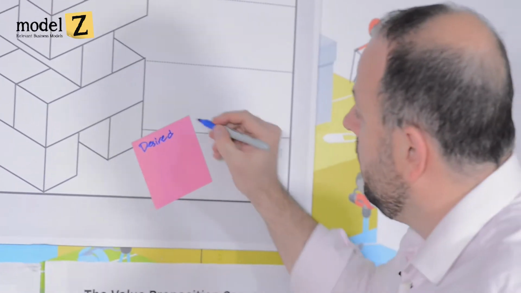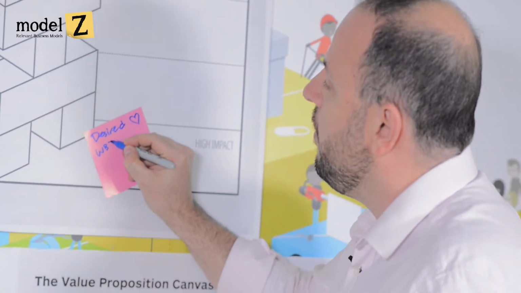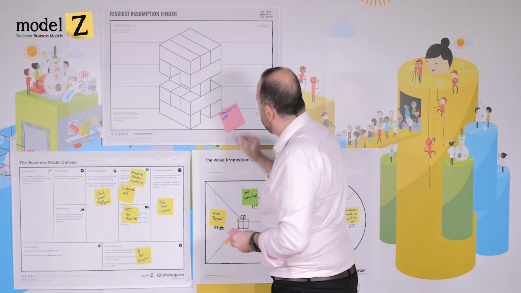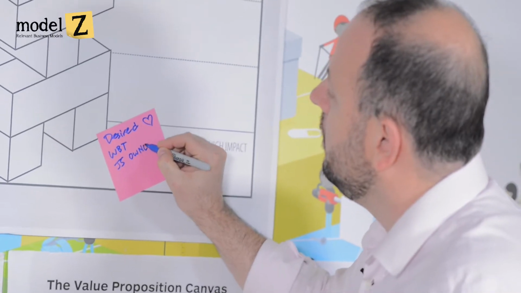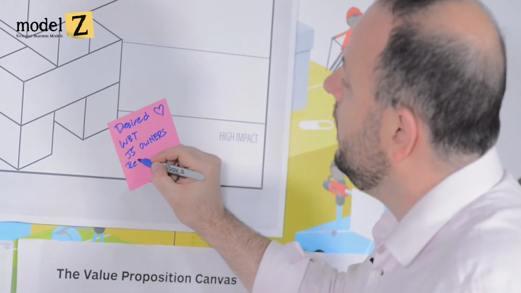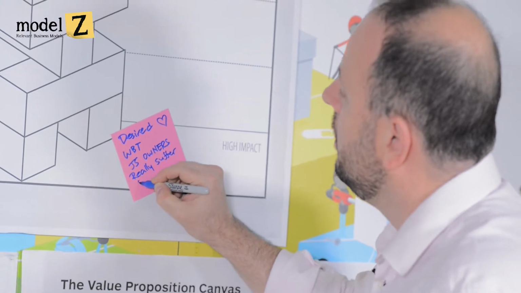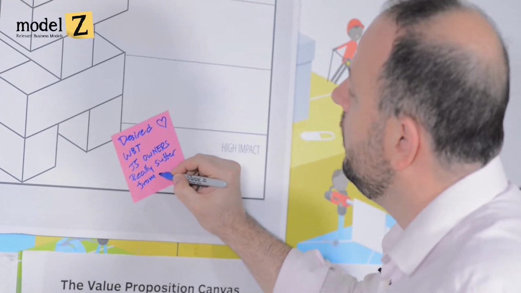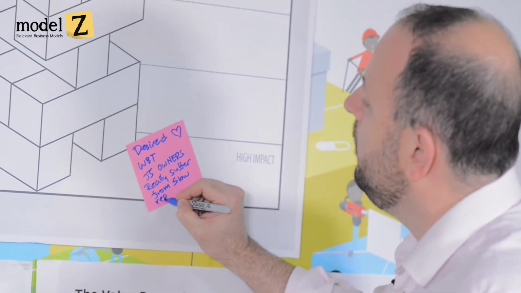Risky assumption, okay? Which means we believe that job shop owners really suffer from slow reprogramming.